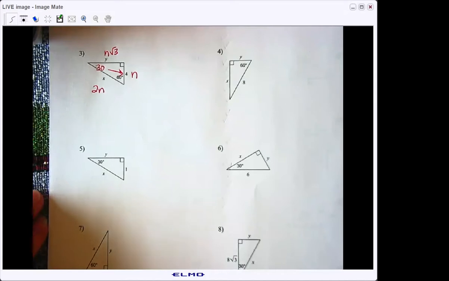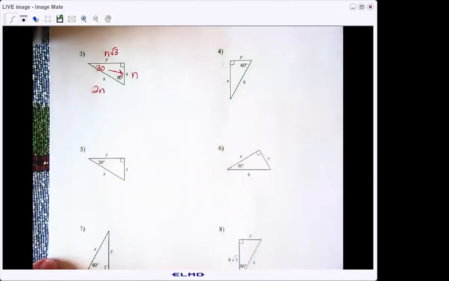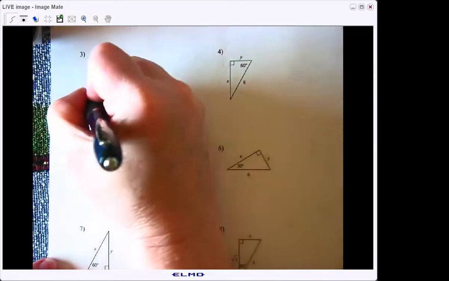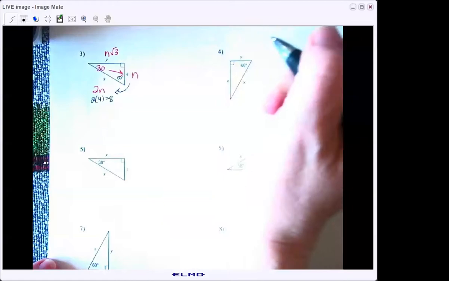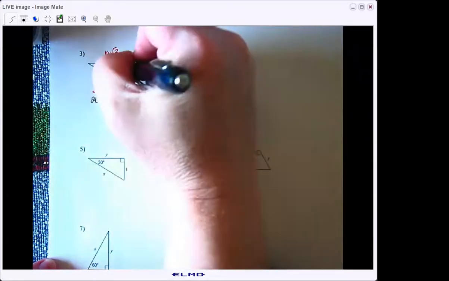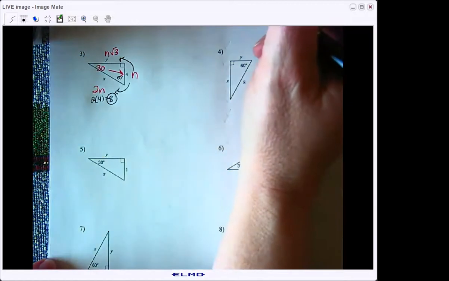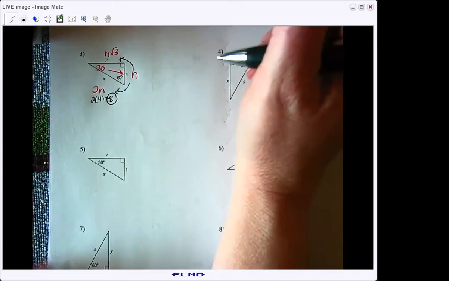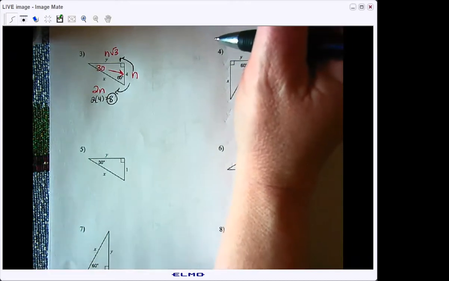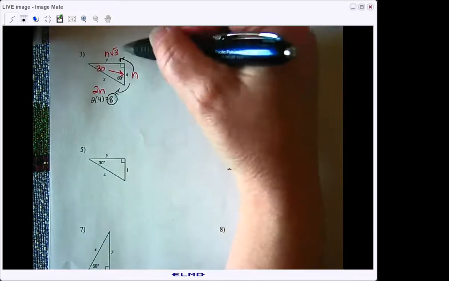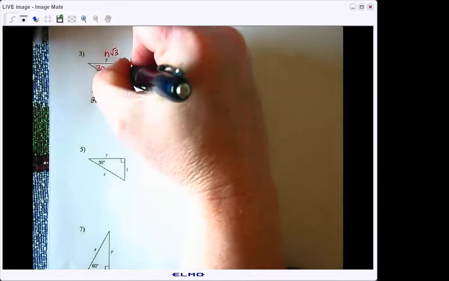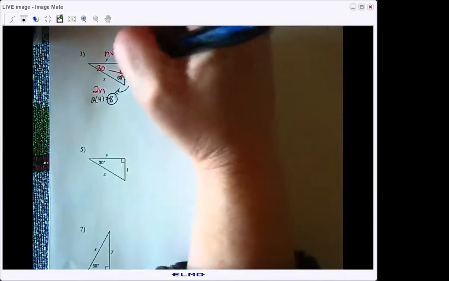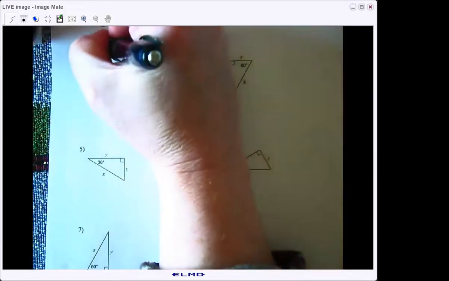So what's my hypotenuse? 8. Good. So I'm going to take this, multiply by 2, so 2 times 4 equals 8. Okay, and then what would the long leg be? 4 root 3. Now, it's easy for our mind to go, oh, this was 8, so that must be 8 root 3. But remember, all of this stems from n, not the 2n. So this would be 4 root 3.